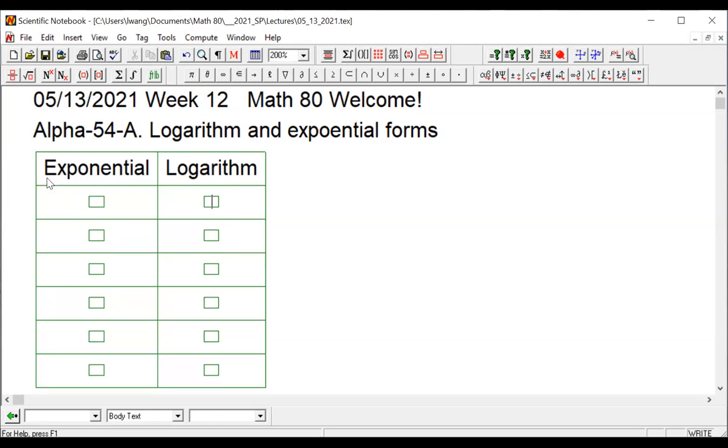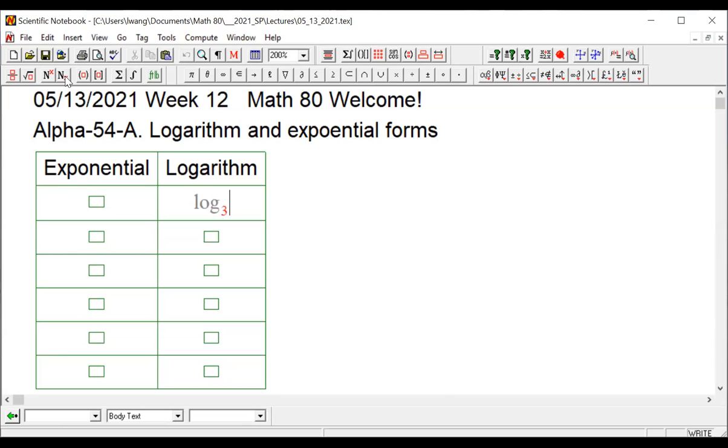For example, the first one we have log base 3 of 81 equals 4. And the blank we need to fill is 3 to the power 4 equals 81.